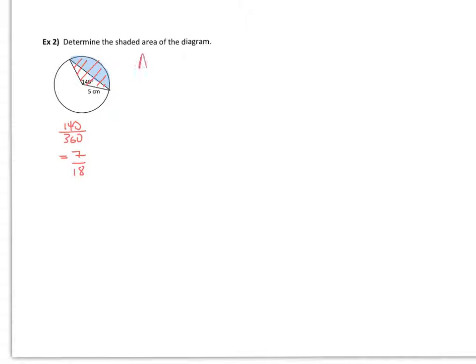All right, so the area of the sector, and if you've already got this, you can fast forward here. I'm not going to show you anything remarkable. 7/18 times pi times radius squared. The radius is 5, so 7/18 times pi times 5 squared, which will be a 25.